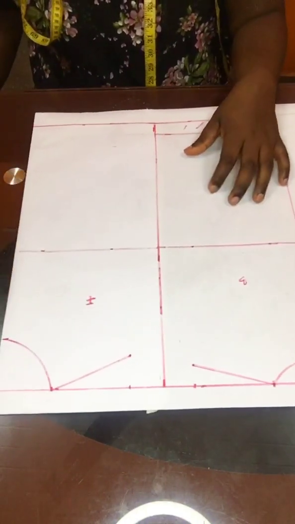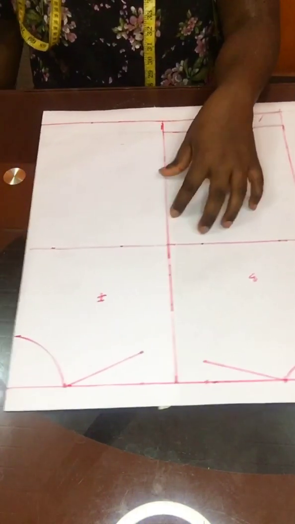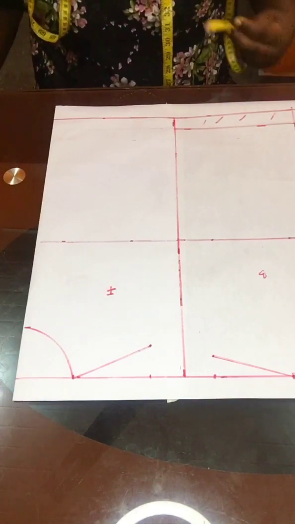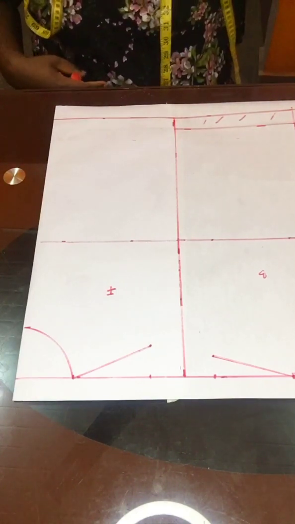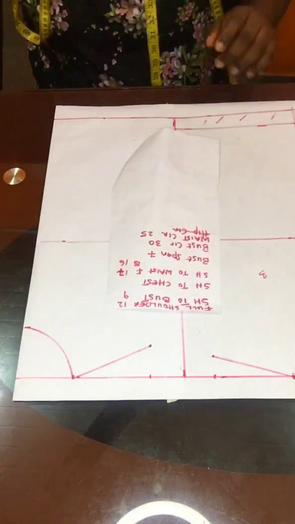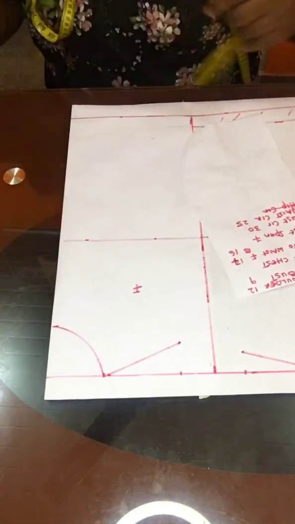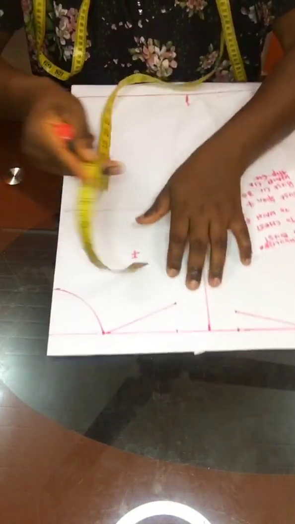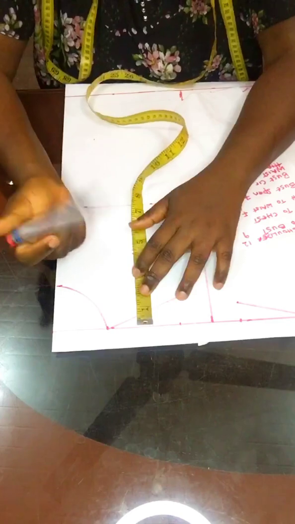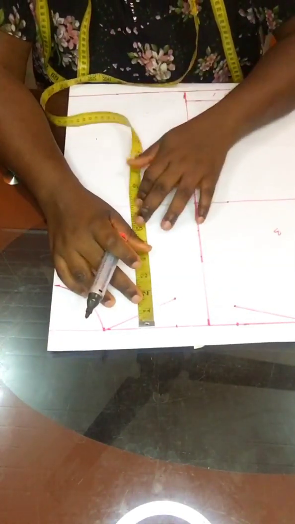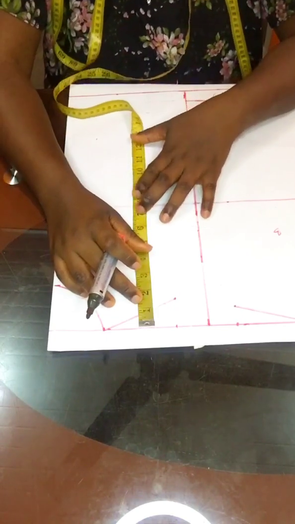Now, having done that, the next thing is to take my shoulder to bust measurement. From my measurement, the shoulder to bust measurement I have here is 9 inches. So I'll place my tape rule at the borderline and measure 9 inches down.